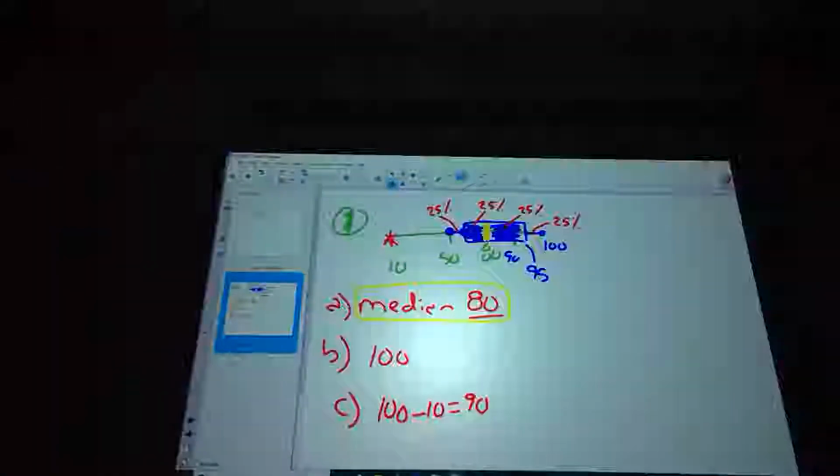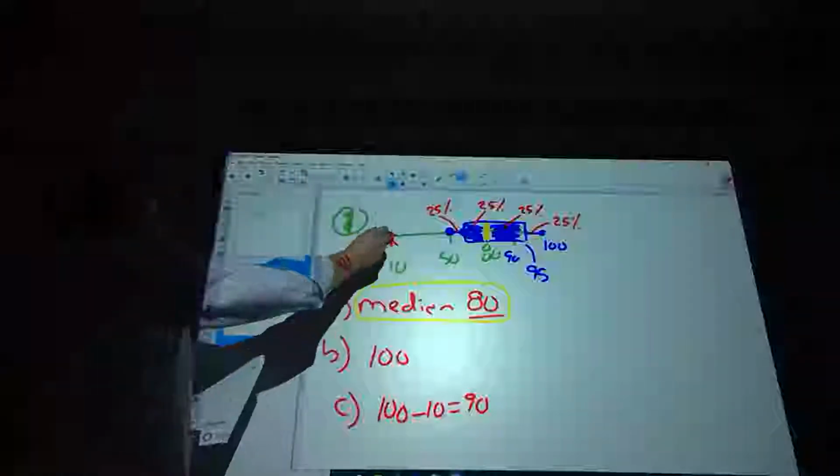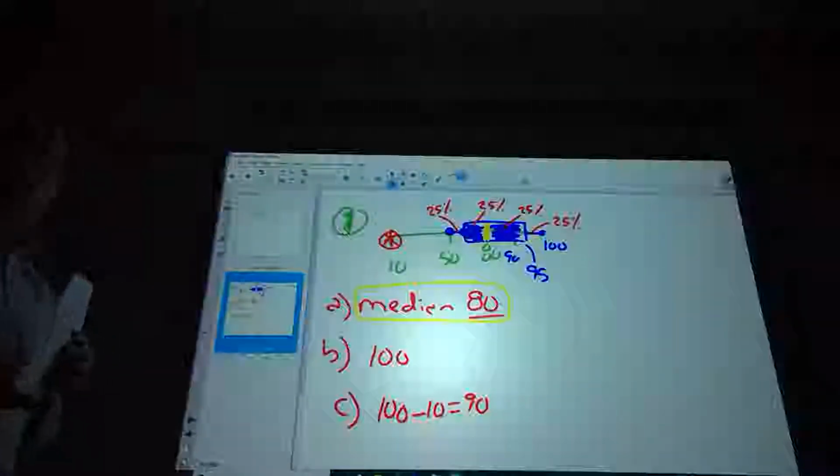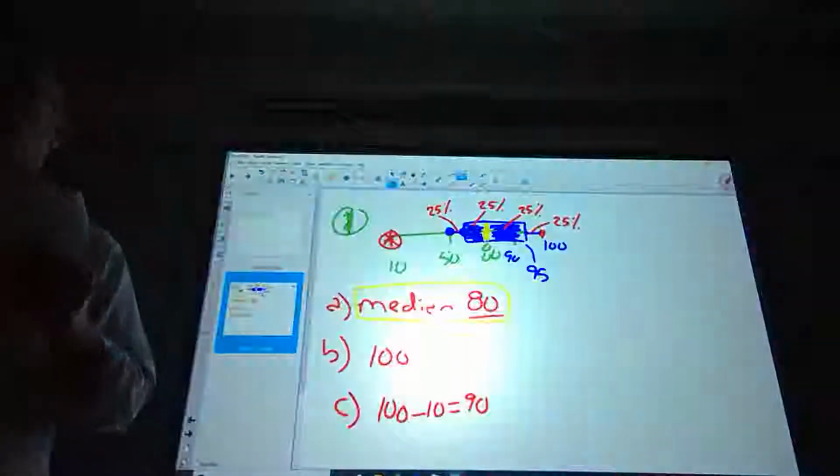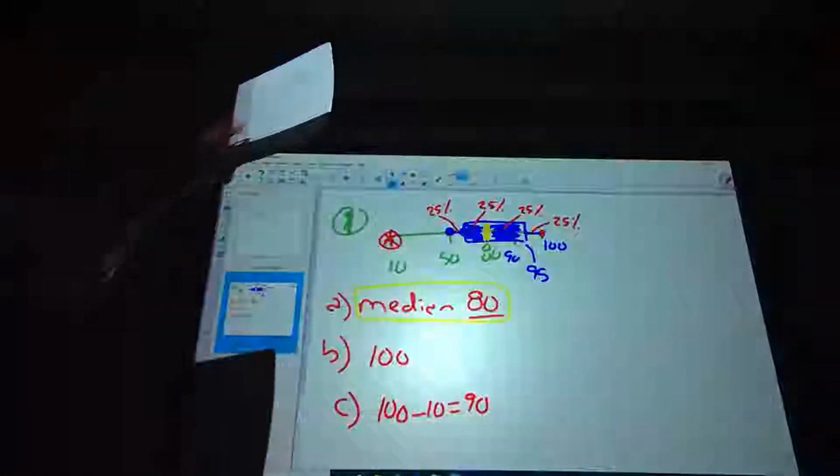Even though that might be an outlier, we don't know. What's the lowest? 10, because there was a value down at 10. And my highest value is here at 100. So 100 minus 10, I have a span of 90.